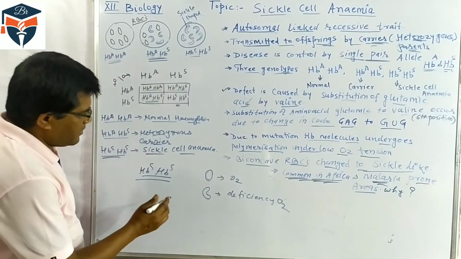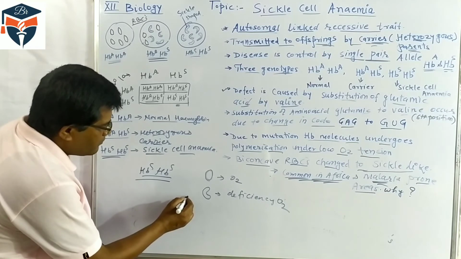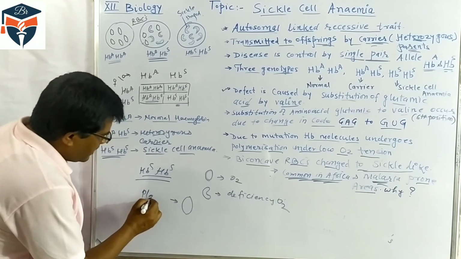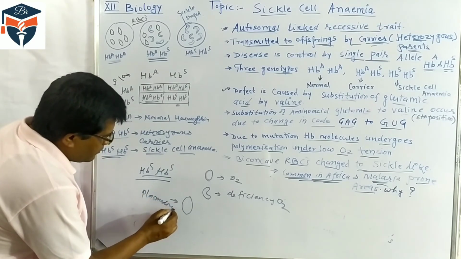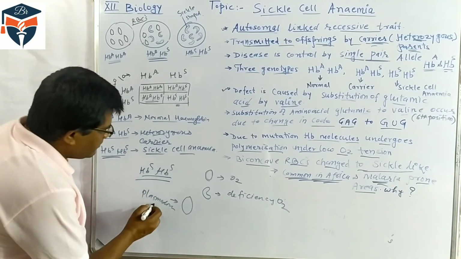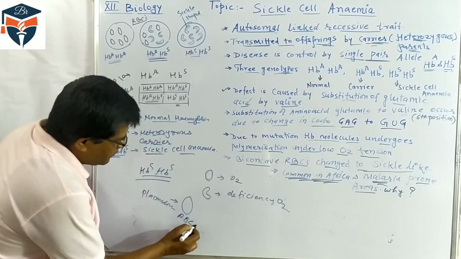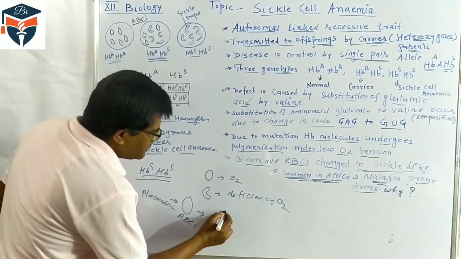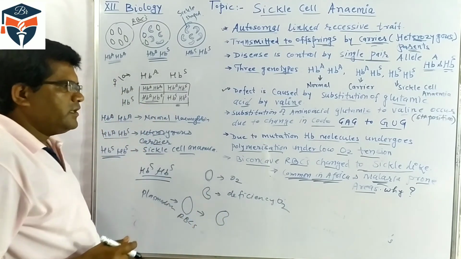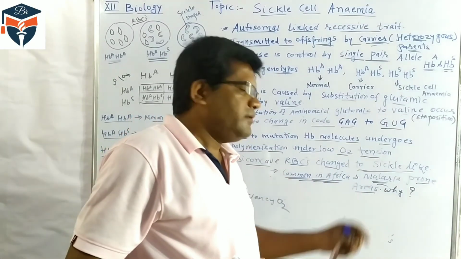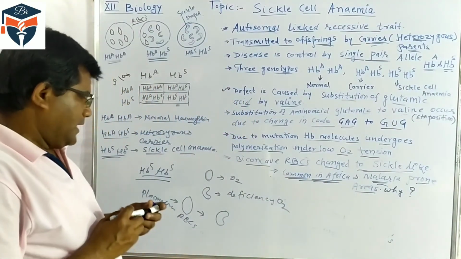In malaria, Plasmodium vivax, a protozoan pathogen, affects the RBCs. When it affects the RBCs, a change occurs in the shape of the RBC, and that's why sickle cell anemia is common in malaria-prone areas.